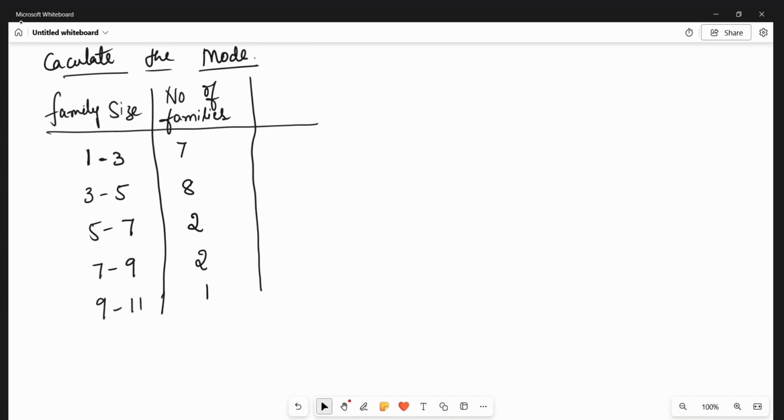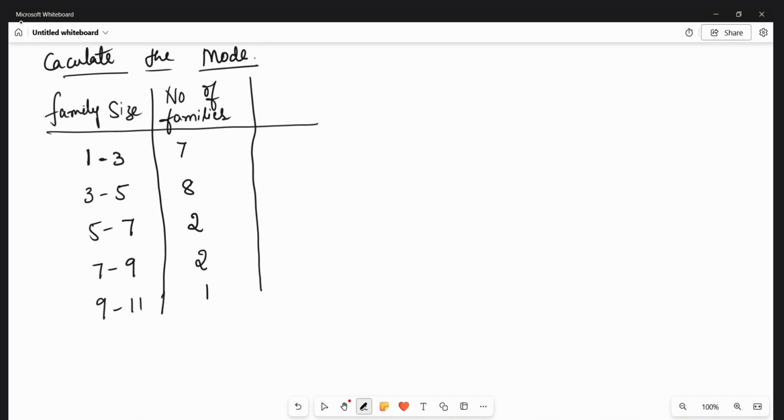A survey conducted on 20 households in a locality by a group of students resulted in the following frequency table of the number of family members in a household. This is the family size. If it ranges from 1 to 3, there are 7 families.